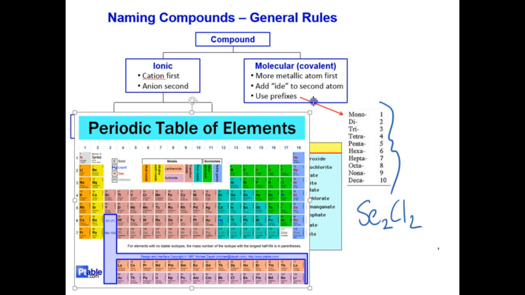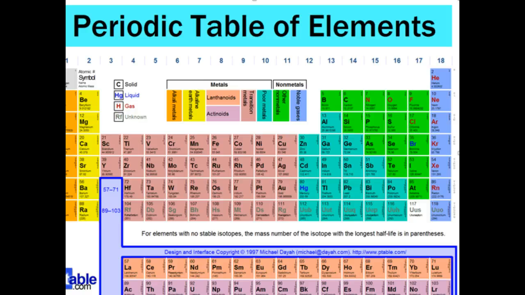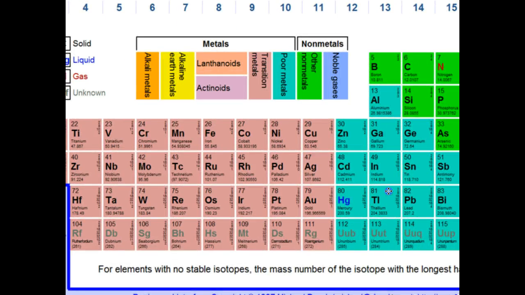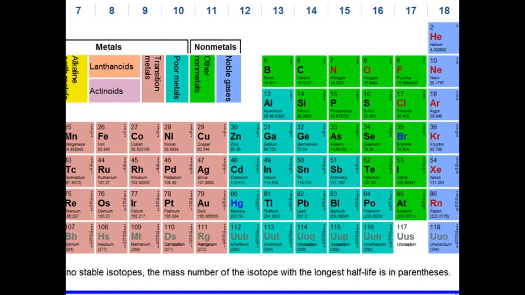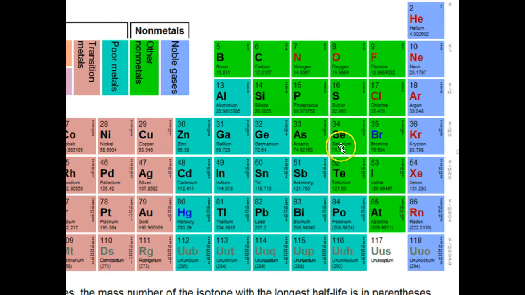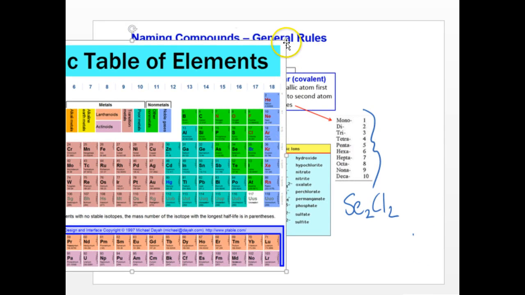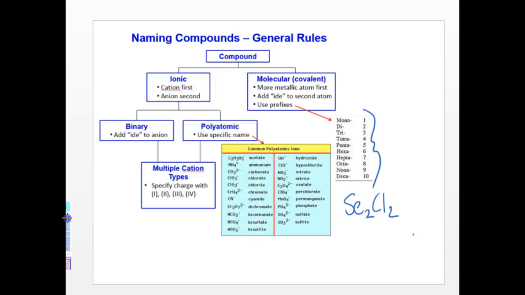And in our periodic table, we'll find Se over here. And if we zoom in enough, we will find that this is selenium. And here we go. You can start to read it. S-E-L-E-N-I-U-M, selenium. All right, now I'll zoom back out.